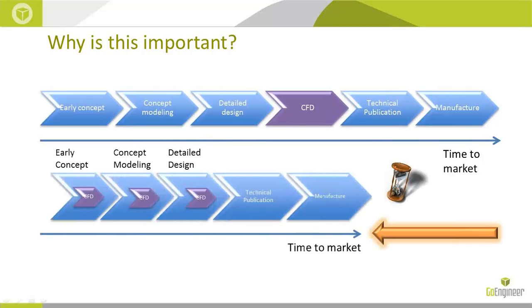But what we propose is that you integrate CFD into those first 3 steps. So now your concept, modeling, and detailed design are all iterating and done concurrently. This results in a shorter time to market and an increased quality of your product.